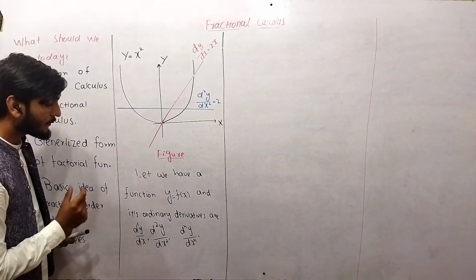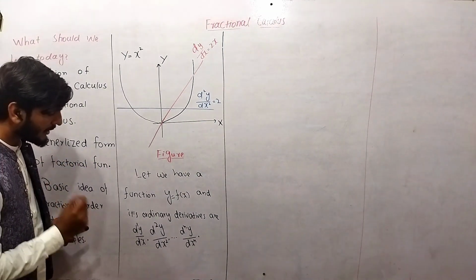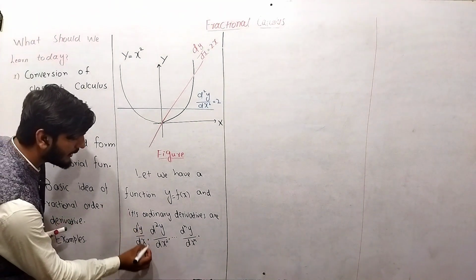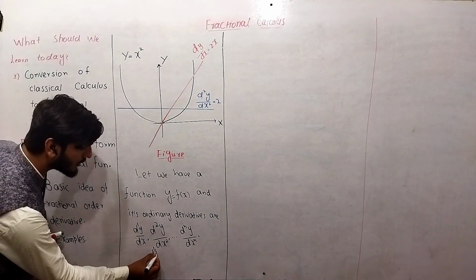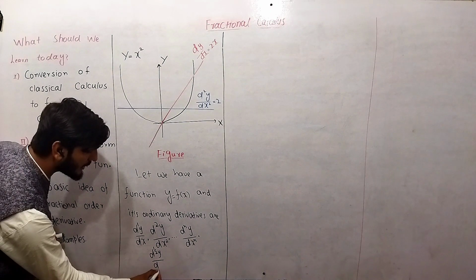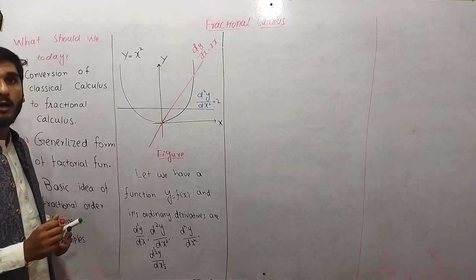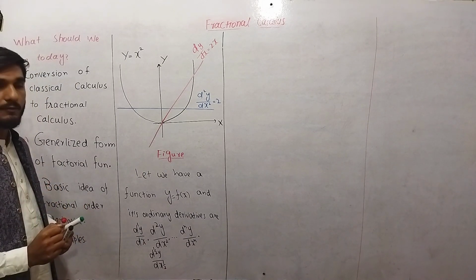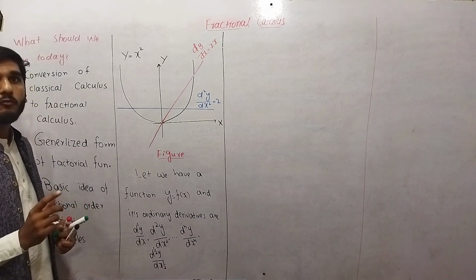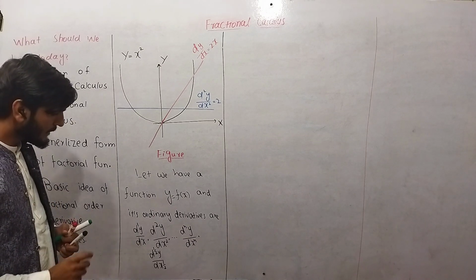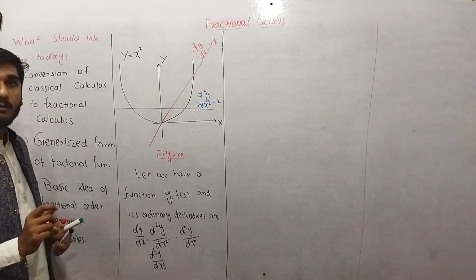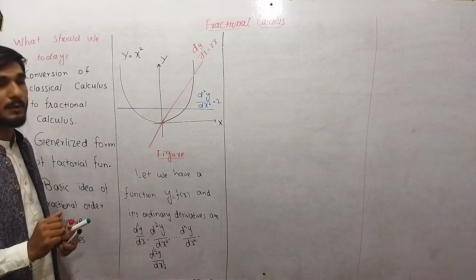We will describe what happens if a derivative d to the 1 over 2 of y over dx to the 1 over 2 exists. It means we will discuss the arbitrary order derivative of a function in fractional calculus. To elaborate the idea, we will discuss an example.